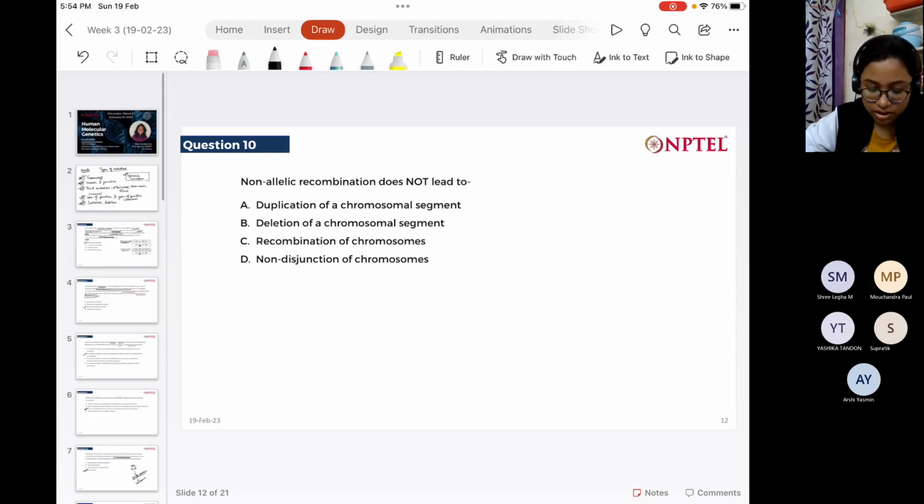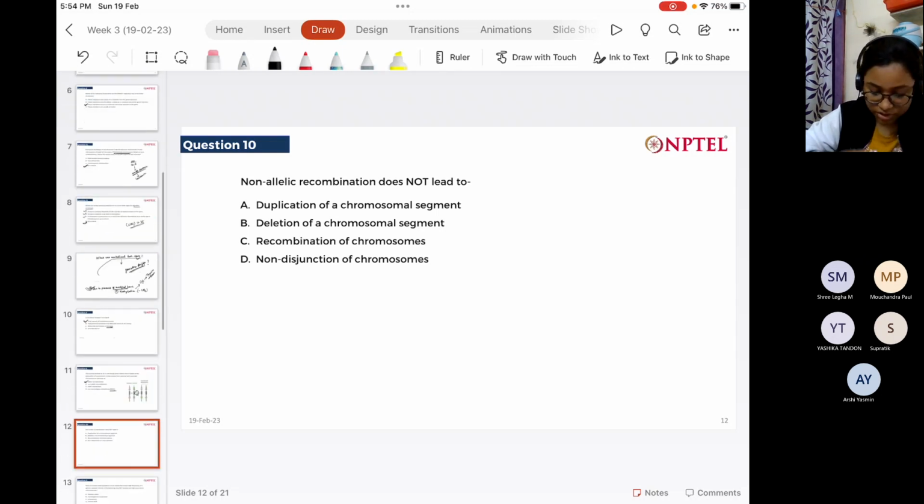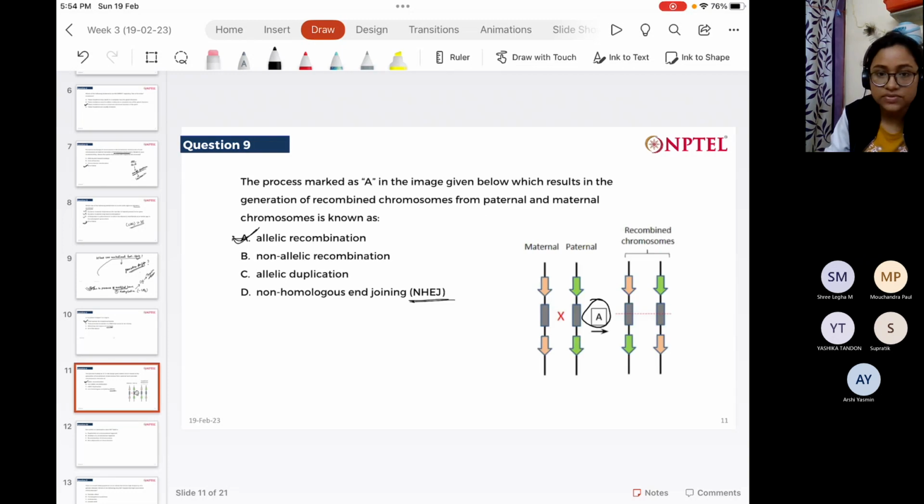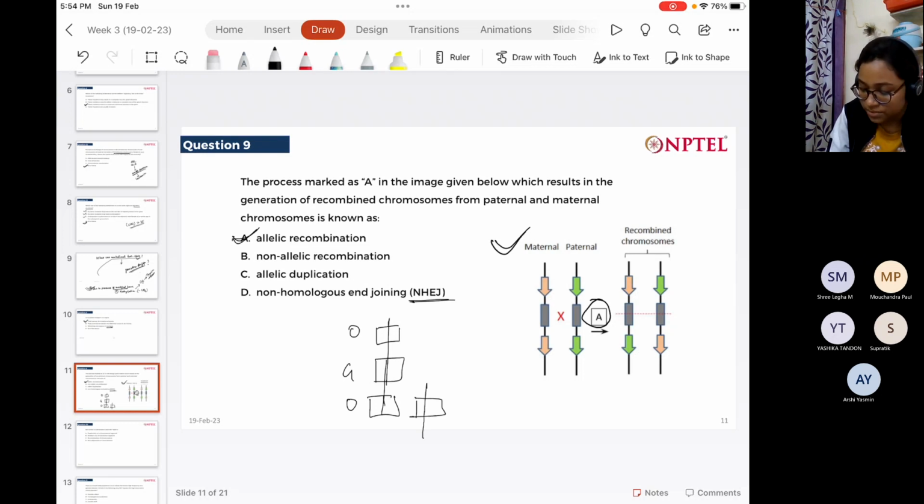So here I actually drew. Let me show in this figure that is given here. If the alignment is not like that, suppose I'm drawing the maternal section, this is the orange, this is the gene, this is the orange repeat, and this is the paternal one, the green one, this is the gene.